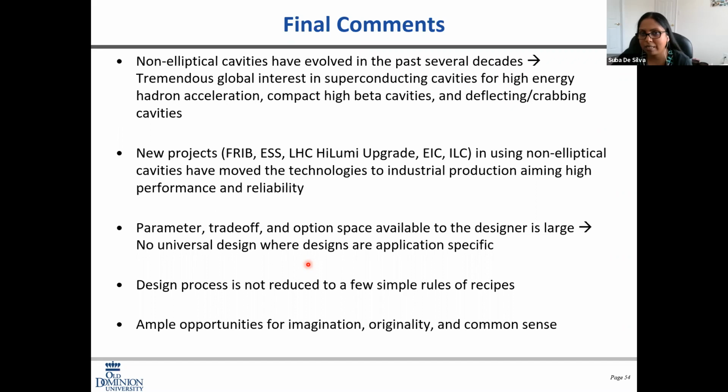At very high beta, you would not want to use spoke cavities for particle acceleration for a big machine like ESS or even FRIB. For those, you want elliptical cavities because of the simplicity of the geometry in fabrication and, as you said, peak fields and so on.